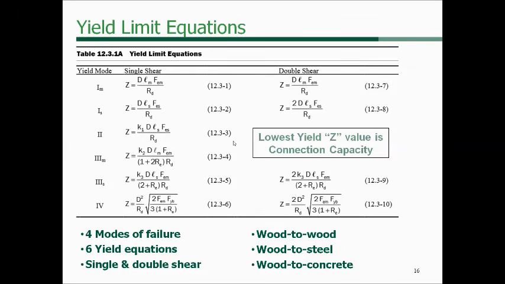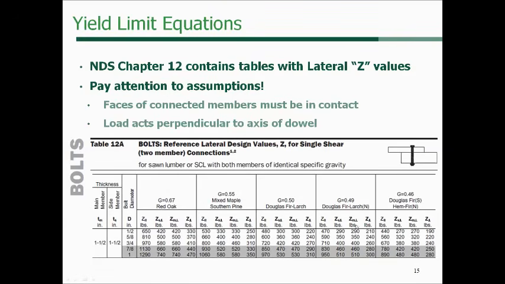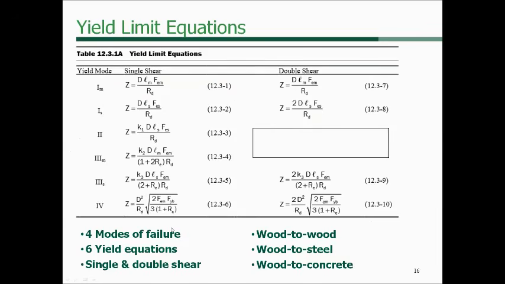So you'd calculate all 6 for a single shear, take the lowest one, and that's actually what's tabulated. What's tabulated here in these tables is the lesser of those 6 yield modes for this single shear connection. So we've already done the math here and tabulated those values for you. If you're calculating them in a spreadsheet, then you want to take the lowest of these that are calculated. So 4 modes of failure, 6 yield equations, single and double shear.